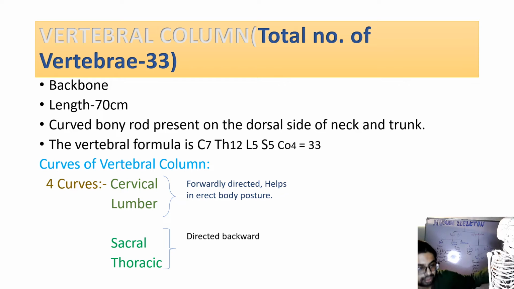Total 33. So curves of the vertebral column, there are 4 curves: cervical and lumbar. This cervical and lumbar curve, let me show you with a drawing. So actually the vertebral column looks like this. I'm drawing.